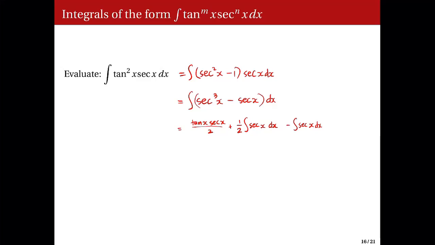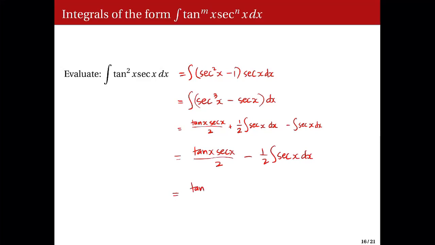And therefore, let's combine this: 1/2 of the integral of secant x dx minus the integral of secant x dx. So this is just tangent x secant x over 2 minus 1/2 the integral of secant x dx.